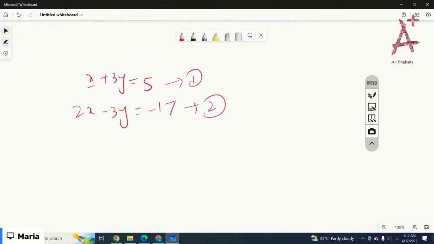Got it? From equation number 1, x equals 5 minus 3y.